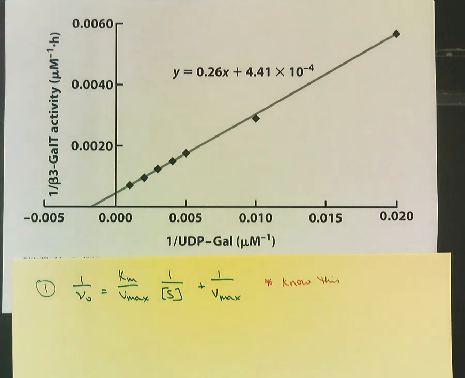So besides knowing the Michaelis-Menten equation, also know the Lineweaver-Burk, which if you know one, you really know the other, because it's just the inverse of each other. I mean, they're just 1 over each other. It's not that big of a deal.